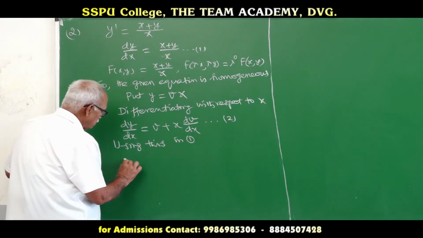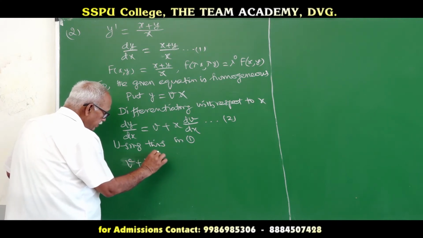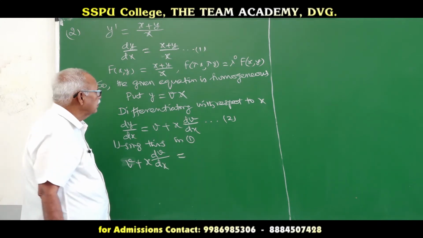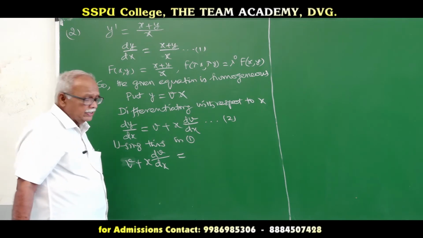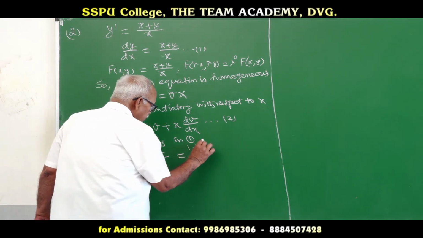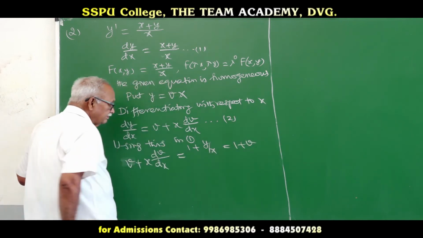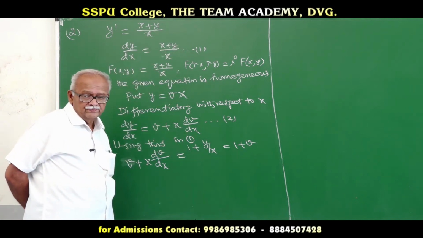equation 1, v plus x dv by dx is equal to, now here you see x plus y by x, that is, this can be written as 1 plus y by x or 1 plus v. So if you divide by x, 1 plus y by x is v.